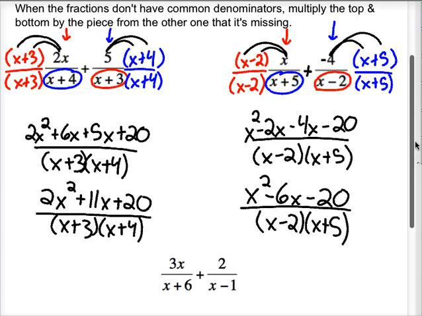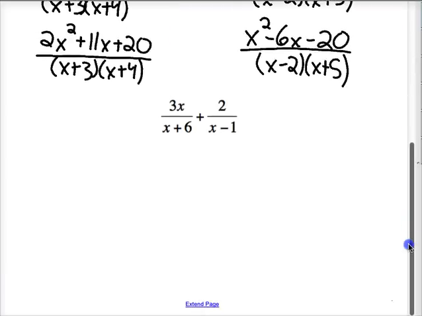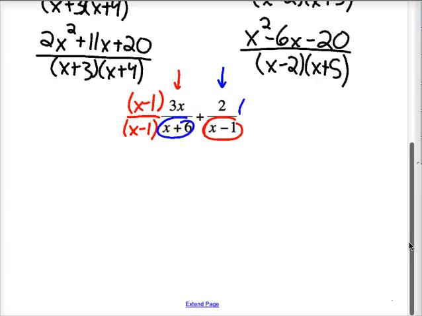And finally, one last problem to finish practicing this skill. So again, this piece right here is missing the x minus 1. So I'm going to multiply top and bottom by that piece that it's missing. This piece over here, that is missing the x plus 6.